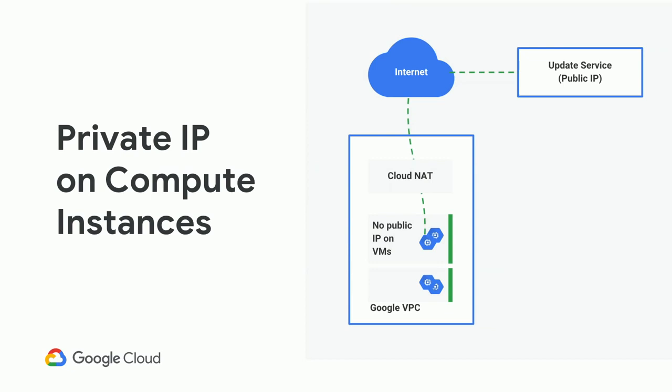So if your instance does not need to be reachable from the outside, you don't need to add a public IP. This way, you just reduce the attack surface for the instance. Now, there are cases where your instance can have a private IP, but it still needs to go out. It needs to get updates, etc. So it will need outbound communication.